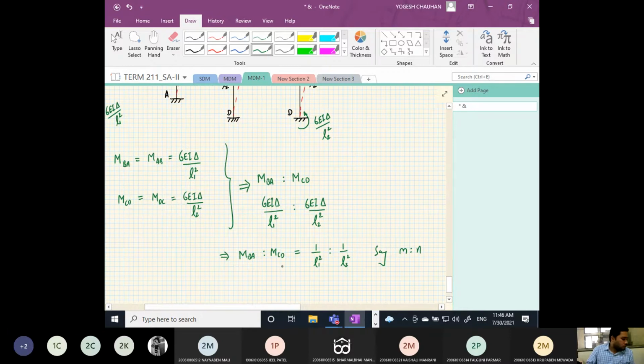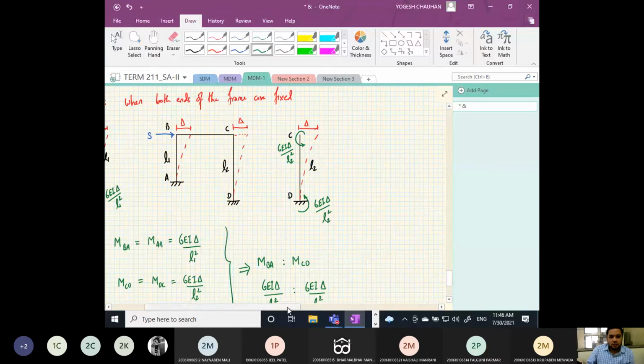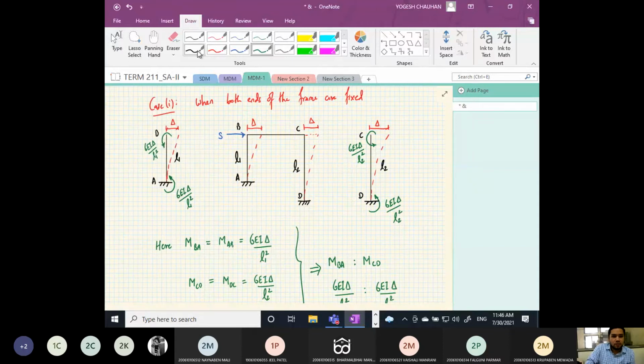So what can we do next? Let us say the inertia is also changing. Here we have considered constant cross section, but inertia may also change. Let us say for this section it is I1, and for this section it is I2.